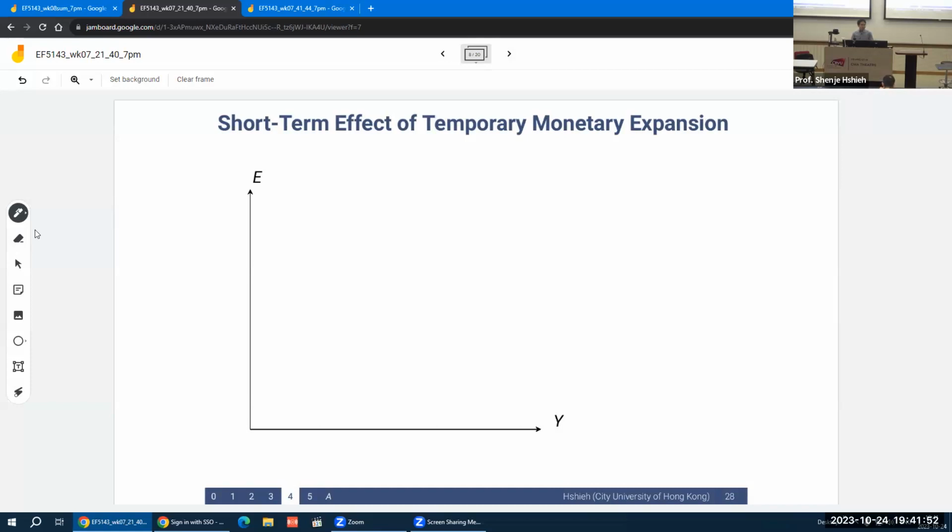So for the exam, if I ever ask you to analyze these things, the AA and DD schedules, use a graph. Just like the short-term model, you always start with an initial equilibrium point. So that's what I'm going to do. Let's start off by drawing the AA and DD schedules.